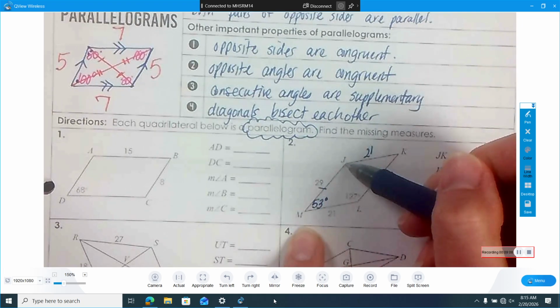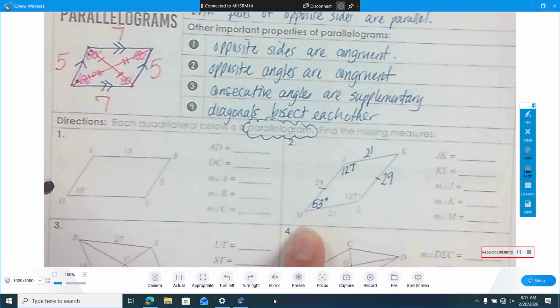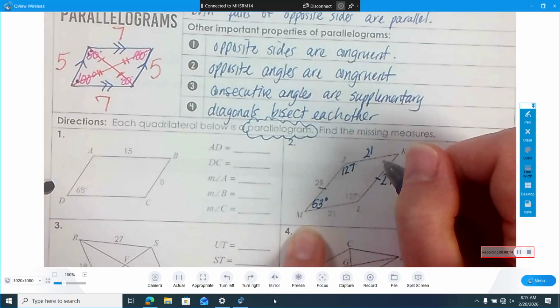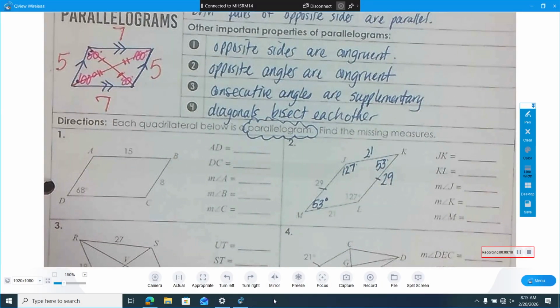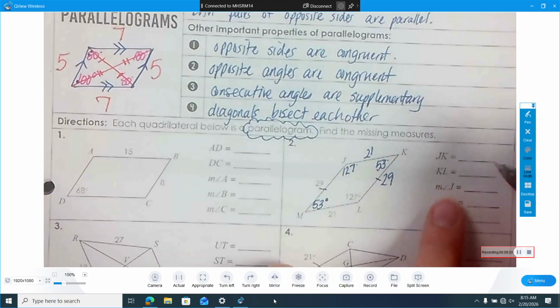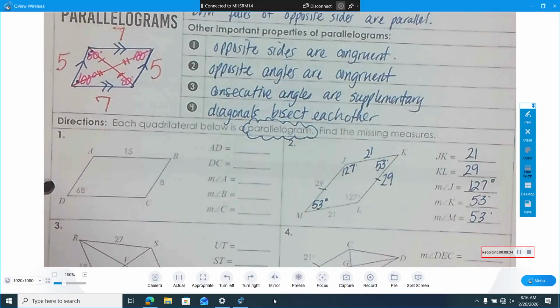And what about angle J? Also 127 because opposite angles are congruent. And then angle K must be 53 for the same reason. So we figured out everything. So JK is 21, KL is 29, angle J is 127 degrees, angle K is 53, and angle M is 53 degrees. All right, really easy there.